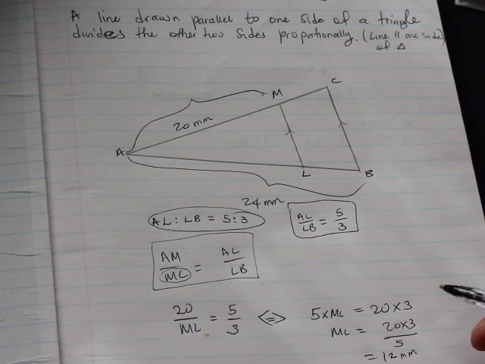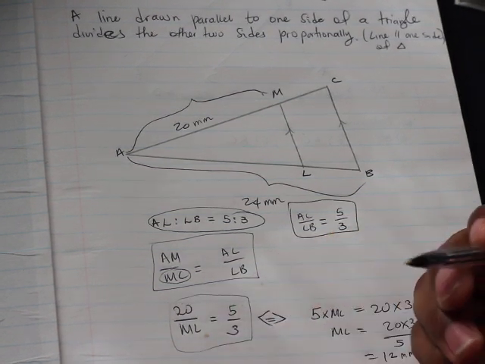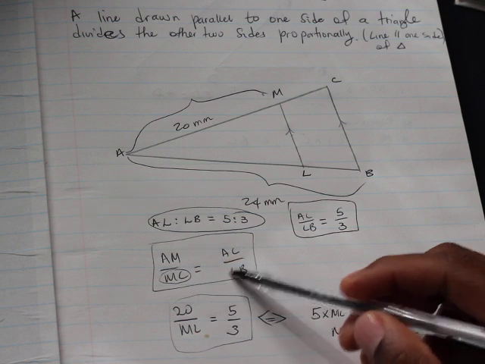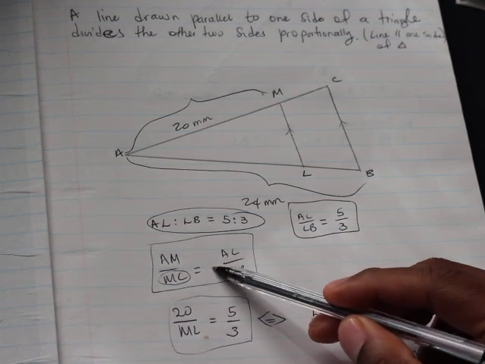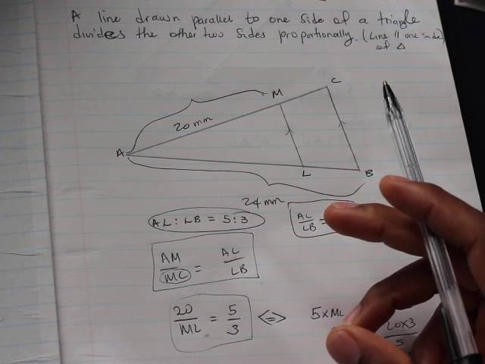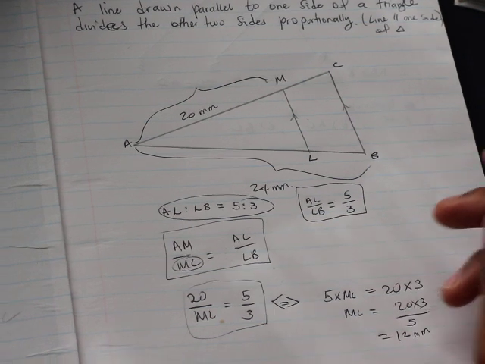Can you see that this is nothing for someone who's in grade 12? The most important thing is for you to be able to set this up, equating the ratios and identifying the sides which are divided proportionally. That's so important.